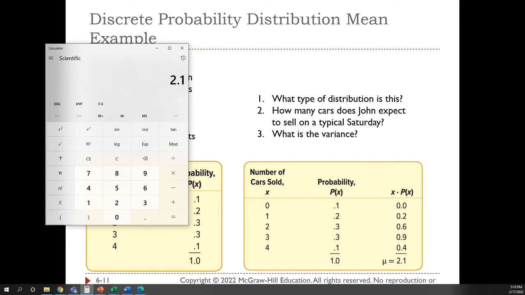So typically he sells about 2.1 cars on a typical Saturday. In other words, over the long run, say 50 Saturdays in a year, he can expect to sell 105 cars. Basically taking our 2.1 times 50 Saturdays, that's how we get to 105.